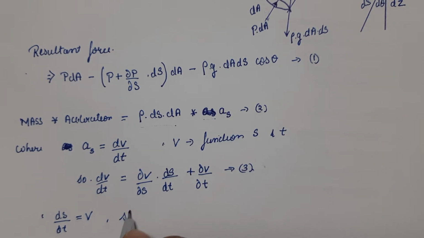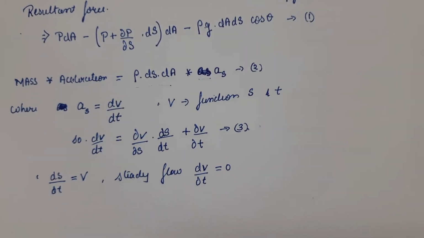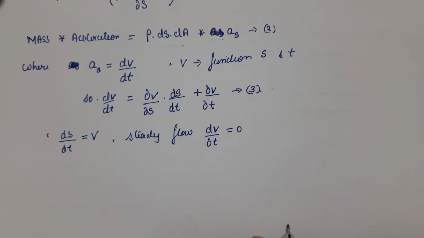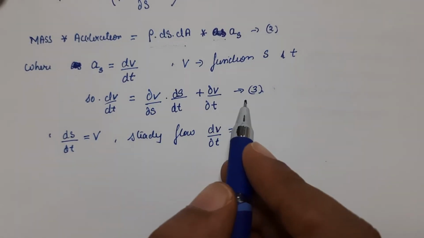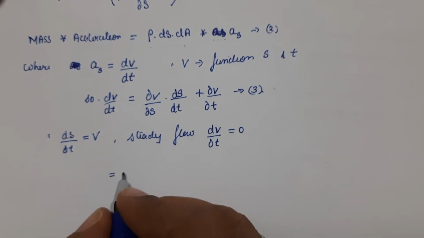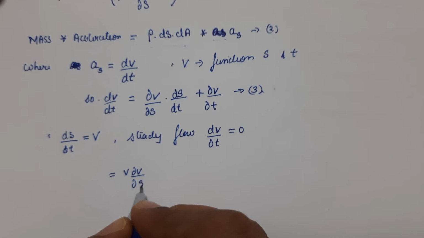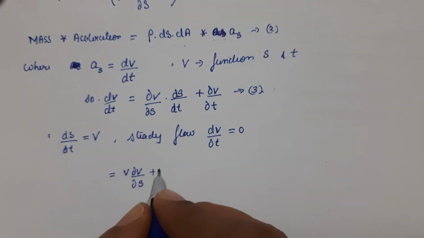And for a steady flow, dou v by dou t is equal to 0. So when this is equal to 0, we can write this equation as v dou v by dou s plus 0.